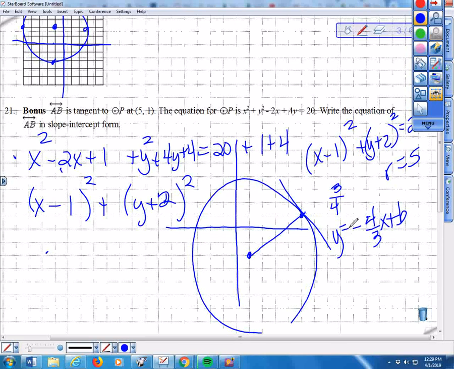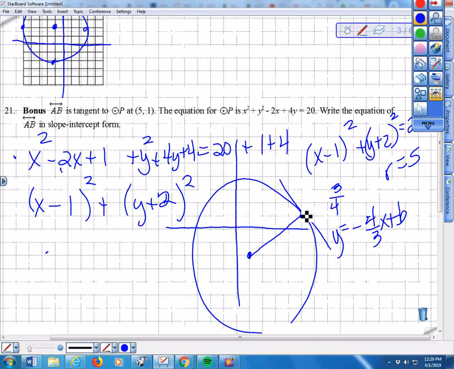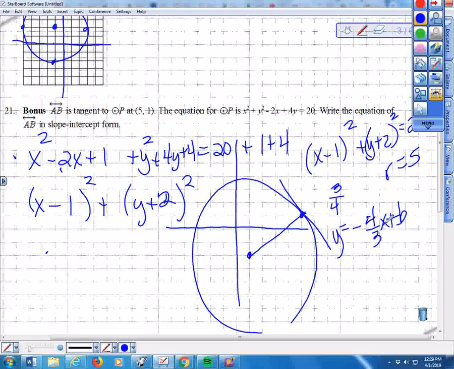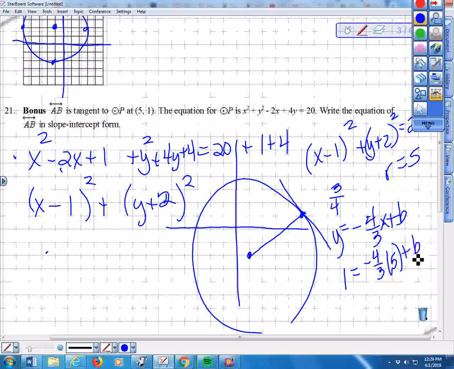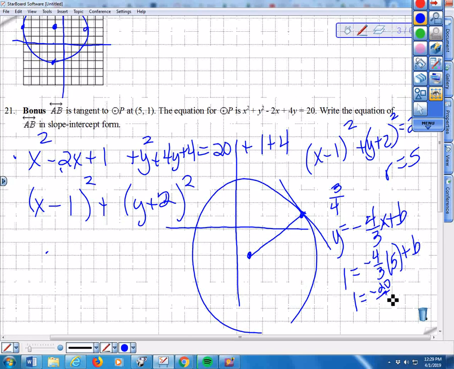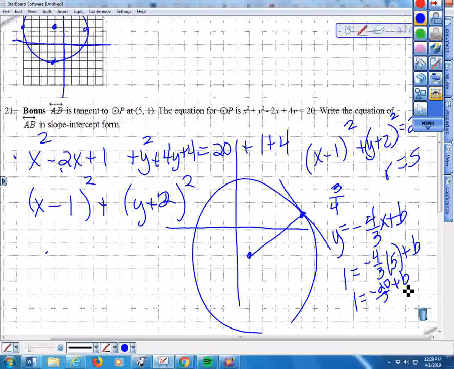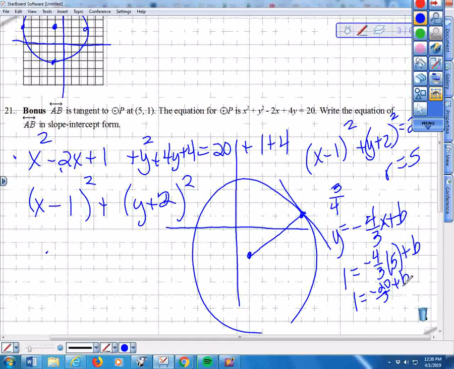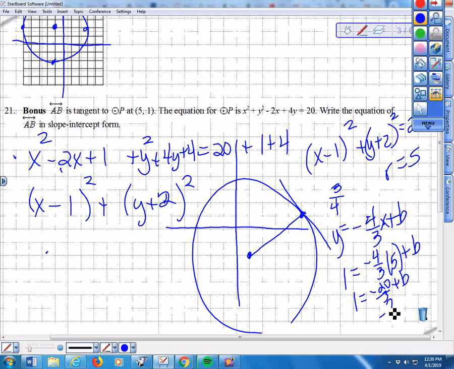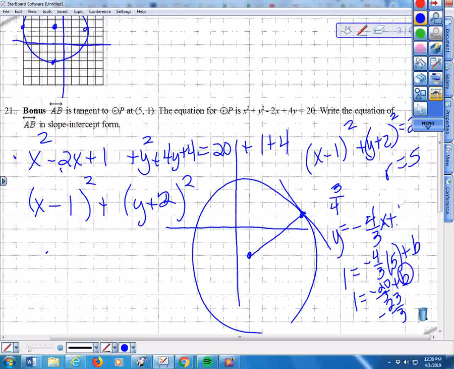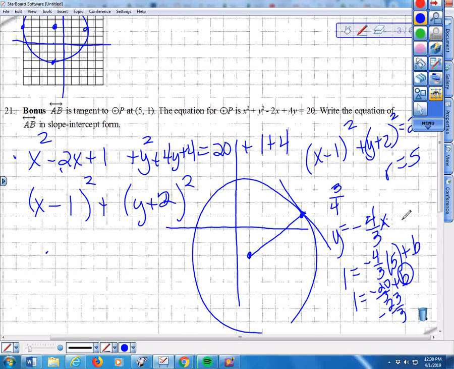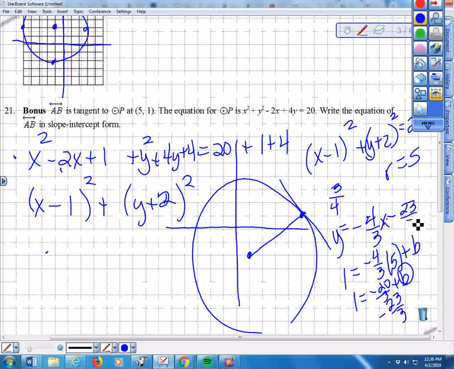Plug in this point, which is 5, 1, for x and y. So 3/3 minus 20/3 is -23/3. That's what b is. So the equation of my line is that.